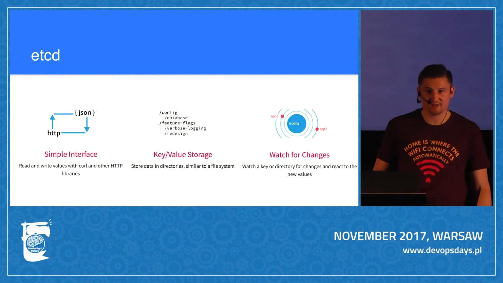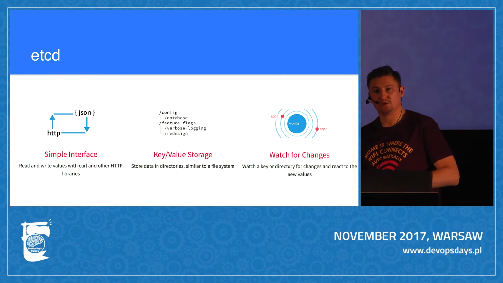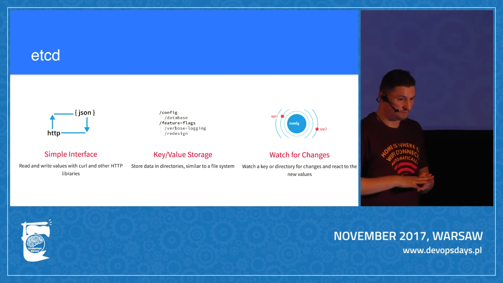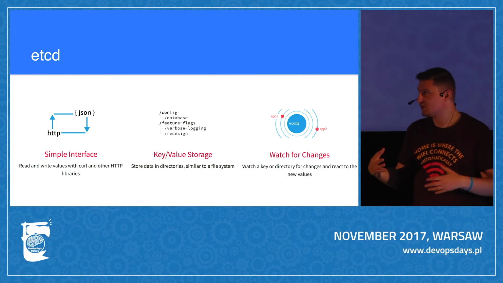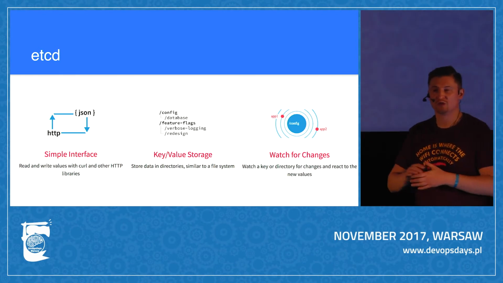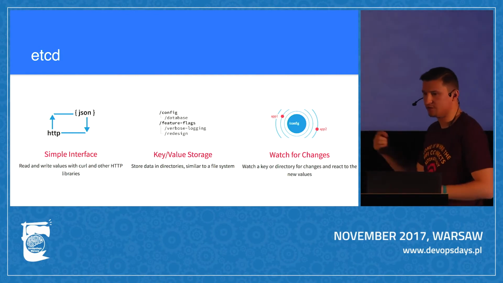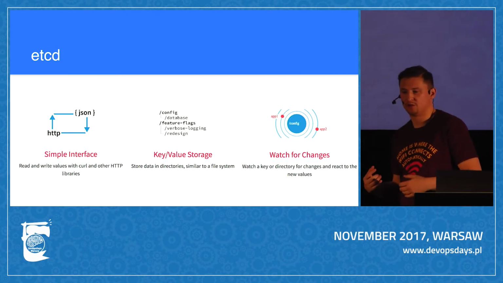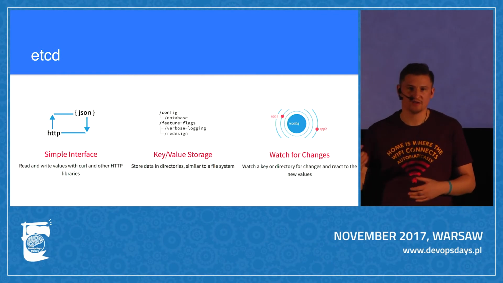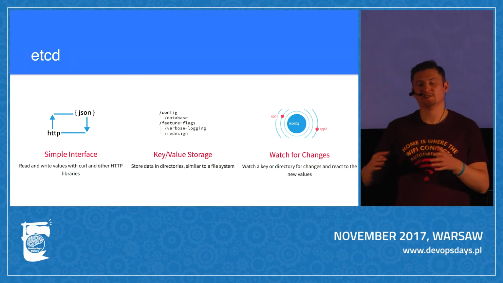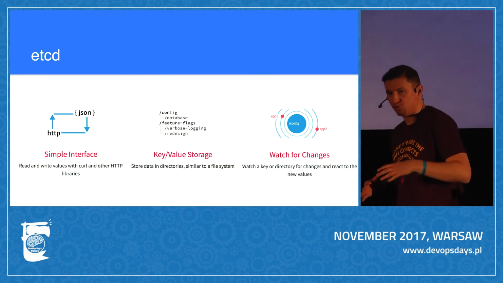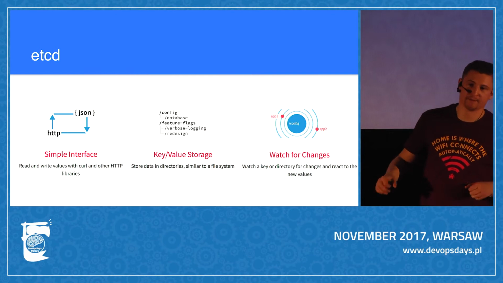About this distributed database, etcd is used for a purpose. This purpose is the feature called watching for changes. So you are not constantly running your request to the API, asking, hey, did something change or not? It's like web 1.0 when you are running a pull request, a long pull request. And it's similar.